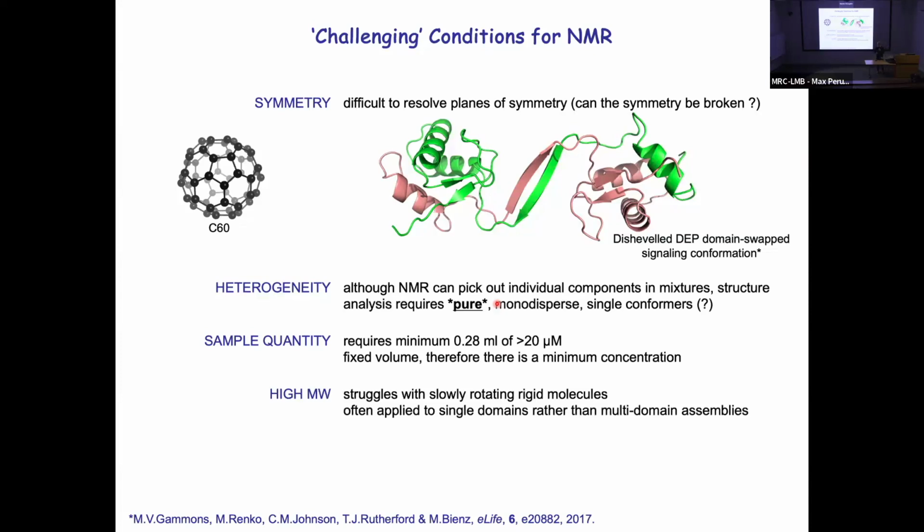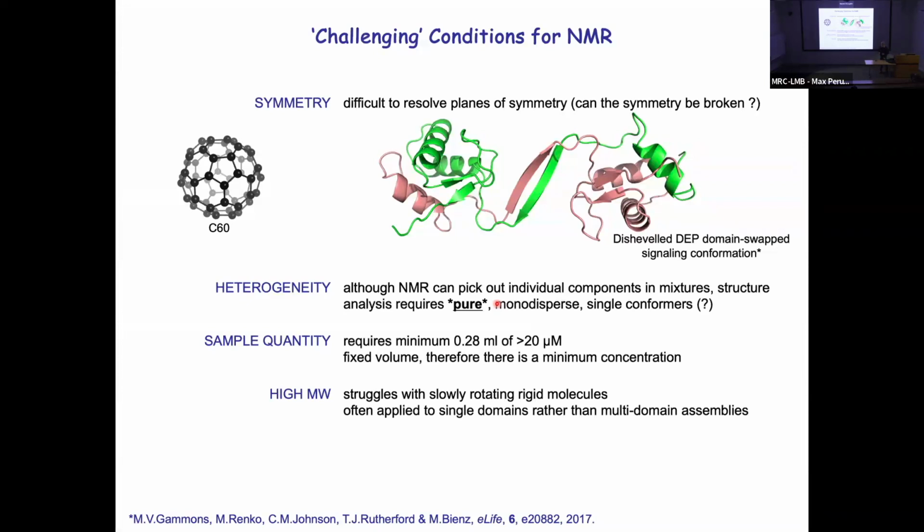High molecular weight. As a molecule gets higher in molecular weight, it tumbles more slowly in solution. Any molecule, as it starts to slow down its tumbling, has a degradation in the quality of the signal that you get back in the NMR spectrum. So there is a general rule of thumb: the higher the molecular weight, the lower the quality of the data that you're going to get at the end.